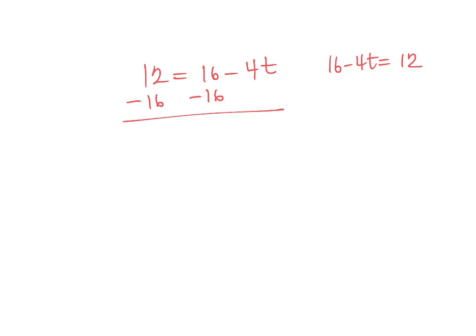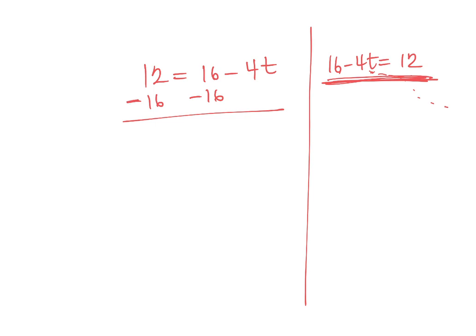I didn't switch any signs. I just literally allowed it to switch around. Everything on the left going to the right, everything on the right going to the left. They didn't cross the bridge. I just switched the point of view that I'm looking at them at so that I can have the variable on the left side. Now, if you don't care where your variable is, that's fine. I just want to let you know that generally having the variable on the left side and then solving and getting your answer on the right side is very common.